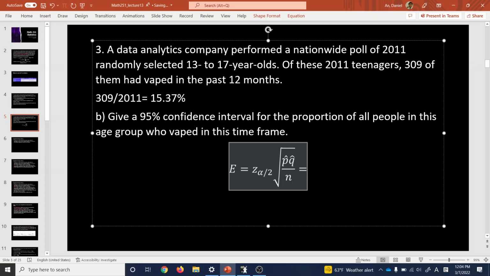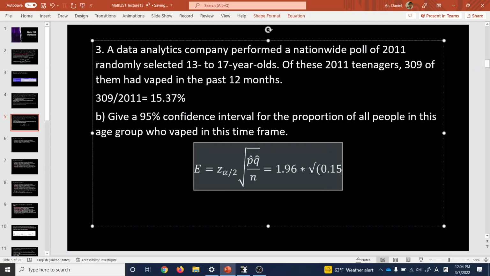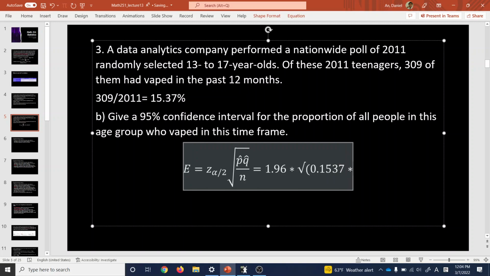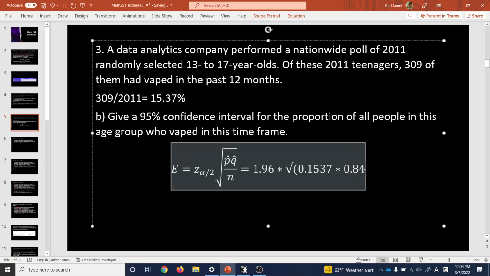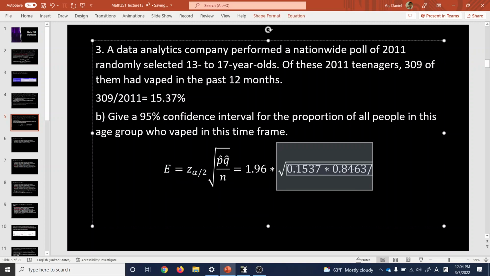Therefore, you still have to find z alpha over 2 by doing the inverse norm. But I happen to remember that value. It's 1.96 for 95%, and then the square root of p is 0.1537, and then 1 minus 0.1537 would be 0.8463, and you divide it by 2011.